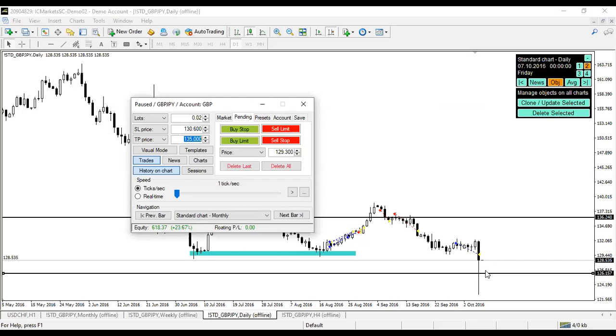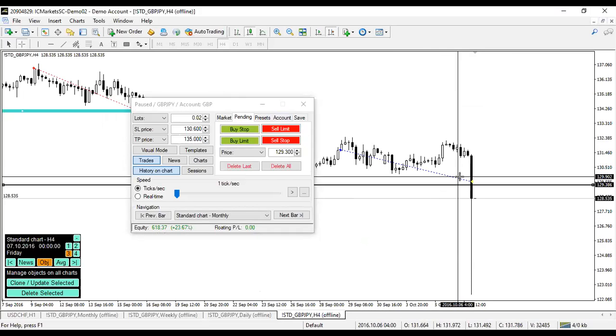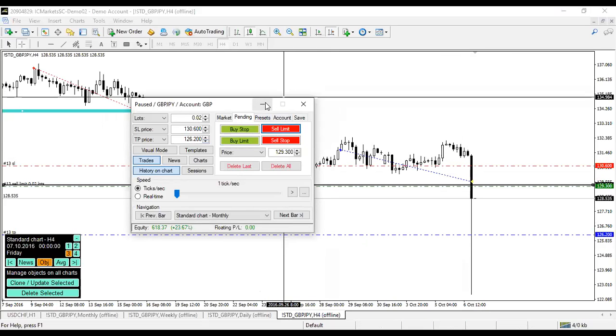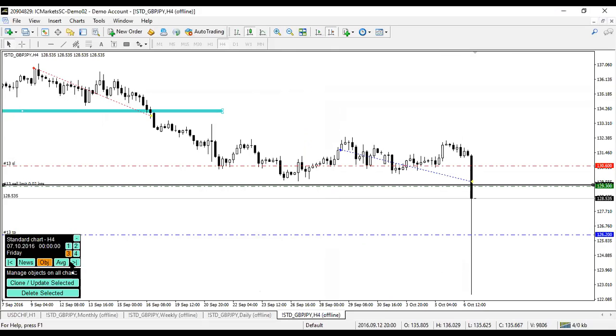In H4, this is a structure, this is a target, and 126,200 is our target. So the sell limit order has been put.